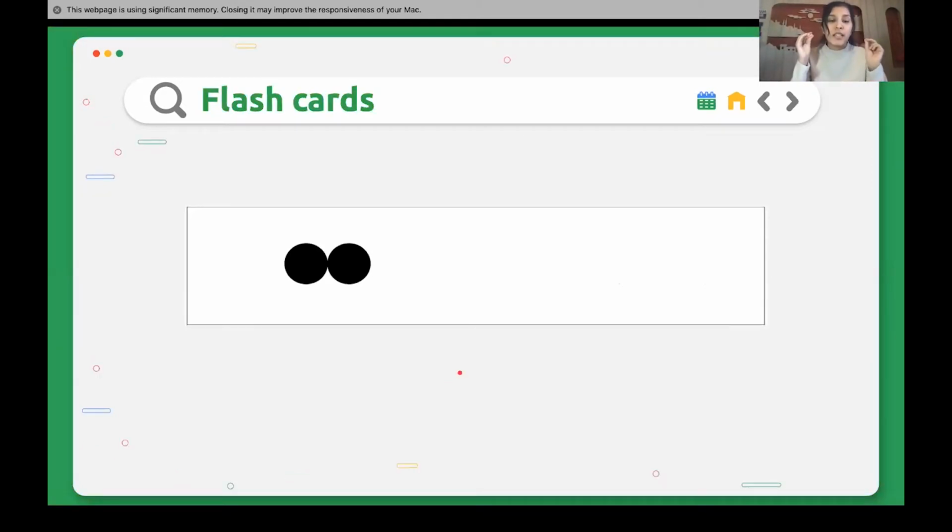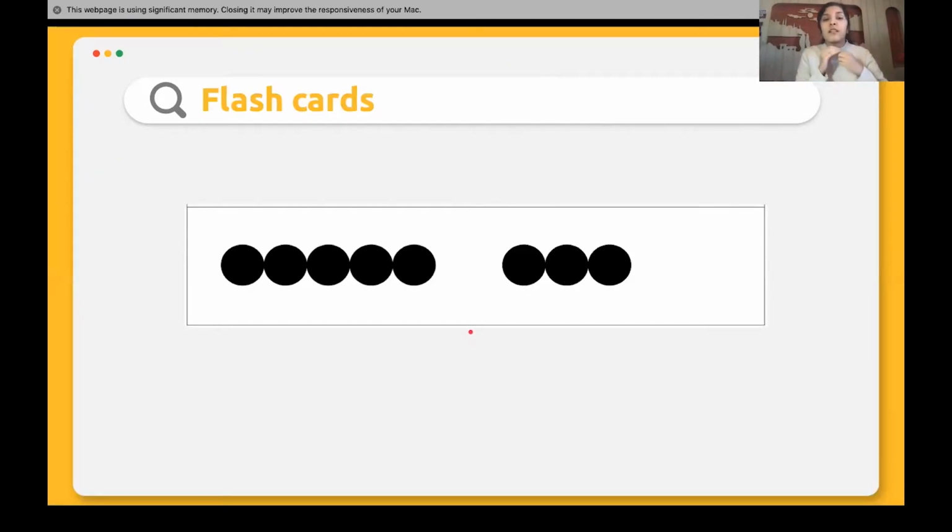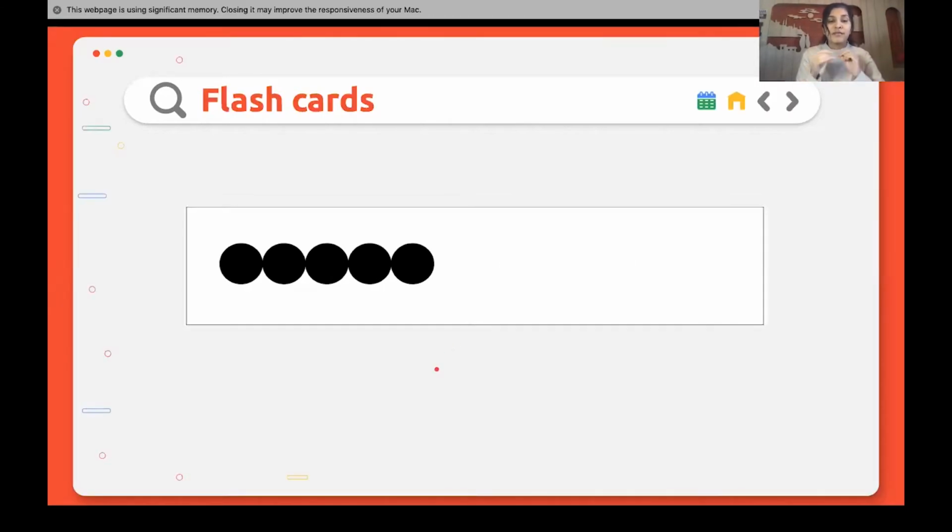How many dots do you see in this card? 2. 2 dots. I'm gonna move my screen here. How many dots do you see in this one? 8. How many dots do you see in this card? 5.